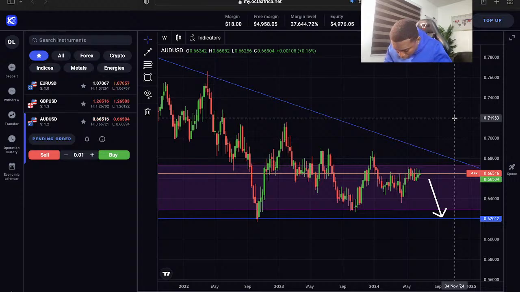Someone is saying, in closing partial, does that mean my profit also reduces when I decide to reduce my lot size? Yes, your profit also reduces when you reduce your lot size. It is business.